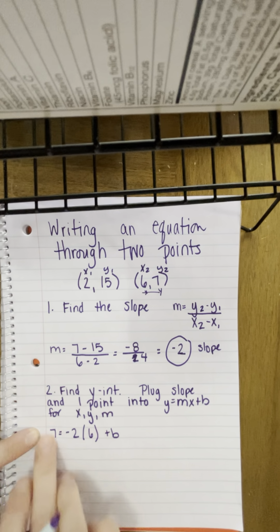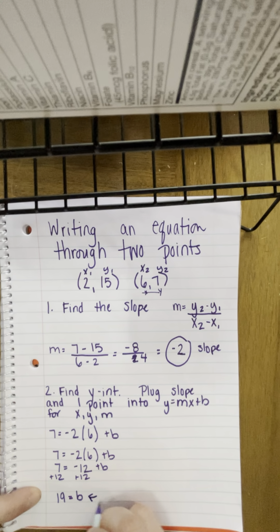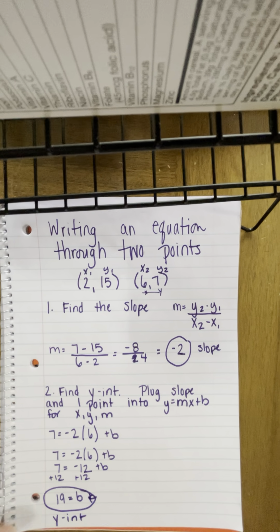So now I just simplify this to get b by itself. 7 equals negative 2 times 6, so 7 equals negative 12 plus b. Add 12, you get 19 equals b. This is our y-intercept.